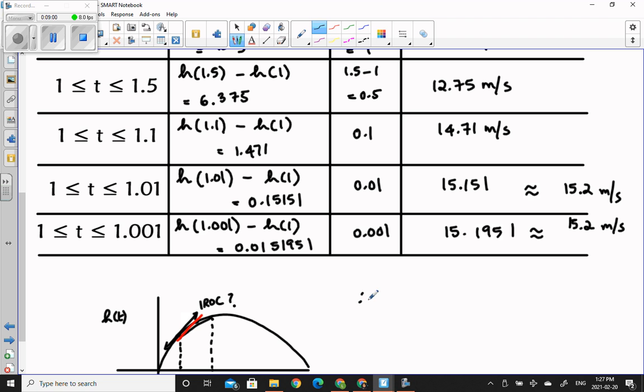Therefore, we will conclude that the IROC, which is short for instantaneous rate of change, at t equals 1 second is 15.2 meters per second. Okay, so that's how we find the instantaneous rate of change at a given value of time for this question.